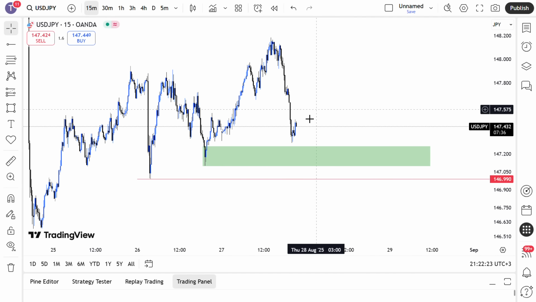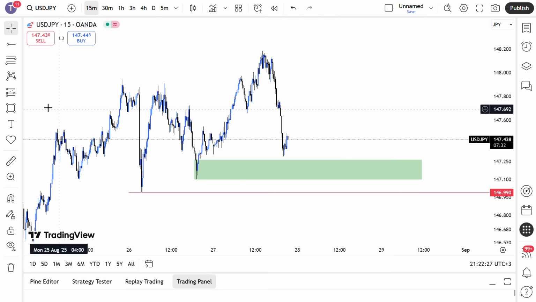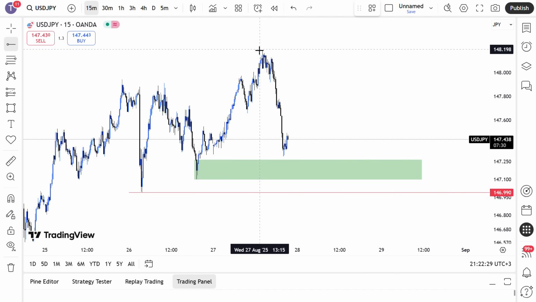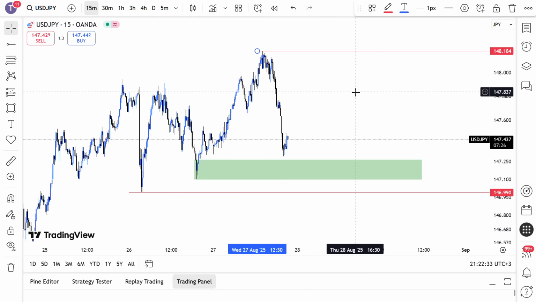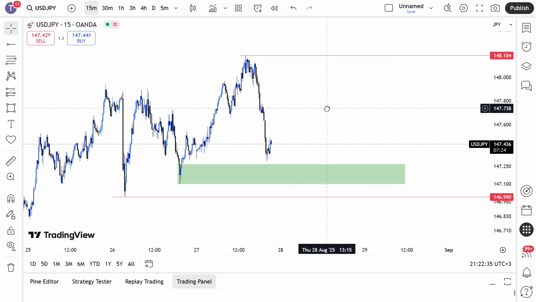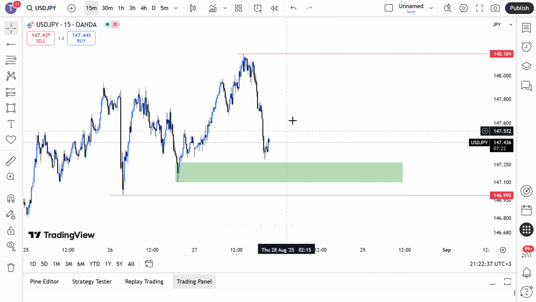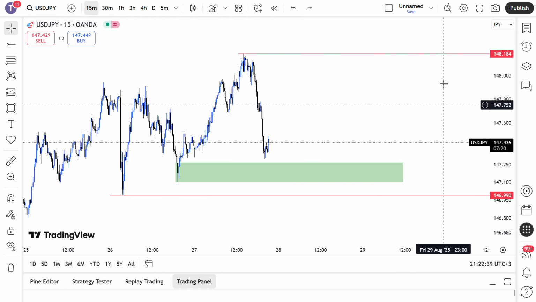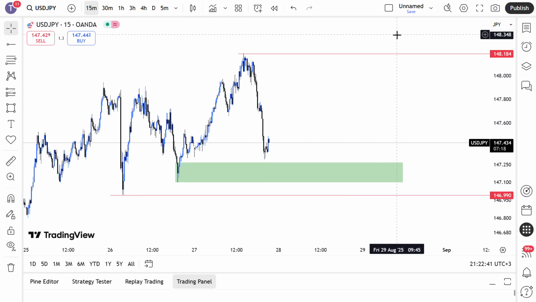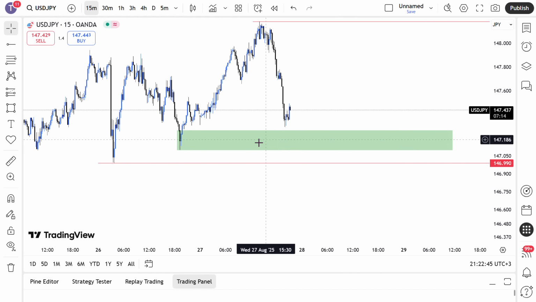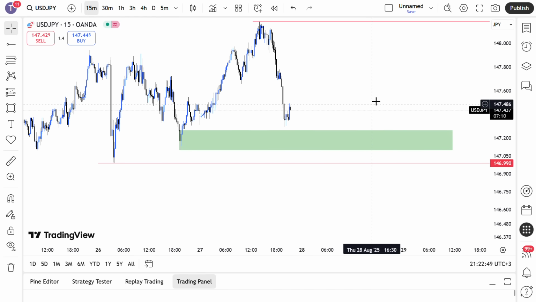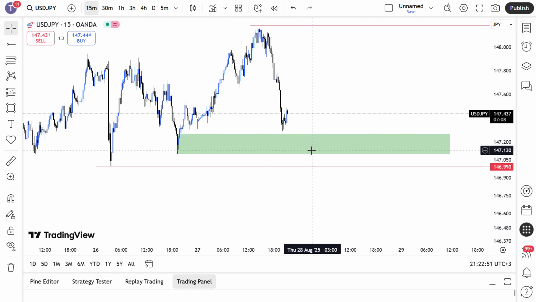So price might decide to do anything inside here so long as we have this high as the weak external high that is expected to be taken out, and the strong low. So price can decide to do anything inside here before going higher. So don't try to take any trade from this order block unless you have a good confirmation.